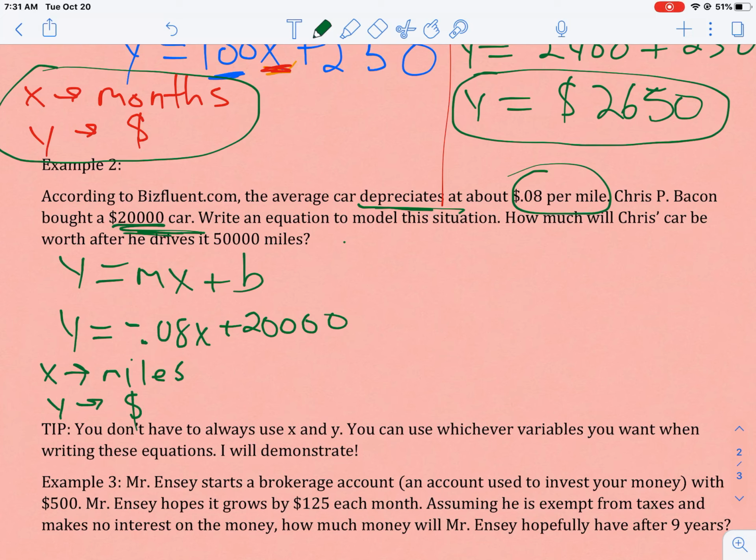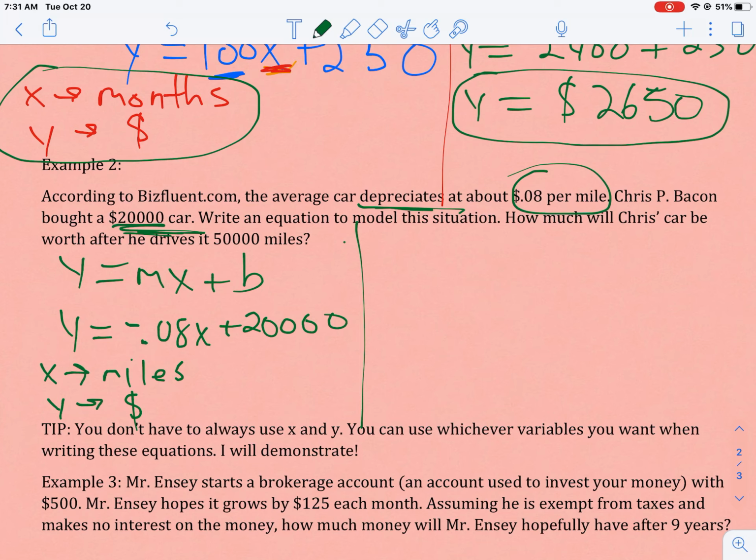So a lot of times y is dollars, but not always. And usually x is time, but not always. Okay? So again, that's half the battle, right? He started with a $20,000 car. It's going down 8 cents a mile. And again, you know what x is, because with 8 cents per mile, you know because it's changing, that's going to be the slope, right?